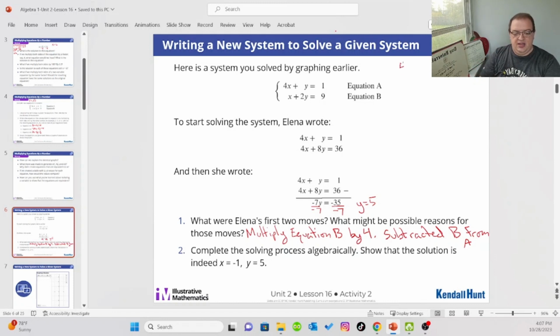So we could say 4x plus 5 equals 1. We would subtract 5 from both sides, and we would get 4x equals negative 4. Now we would divide both sides by 4, and we would get x equals negative 1. Therefore, our solution is the point negative 1, 5. So we've again proven this is true.